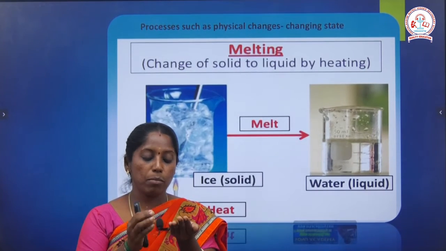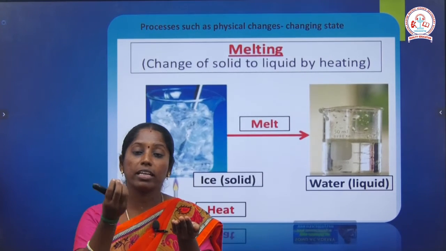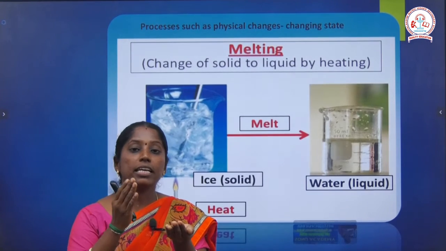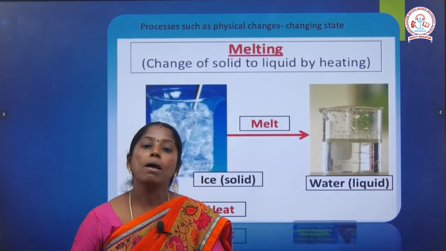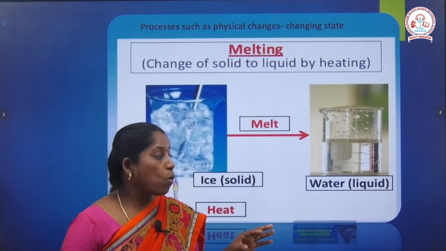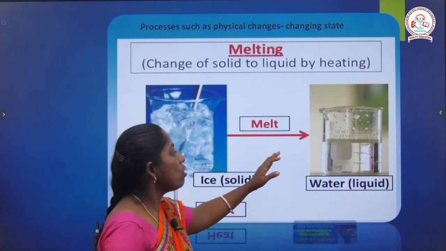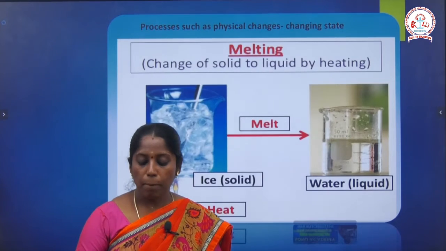Even at room temperature it gets melted. So what is the meaning of that? The changing of solid into liquid, that process we call melting. Here the ice I heat changes into water. So solid into liquid, that we call melting.